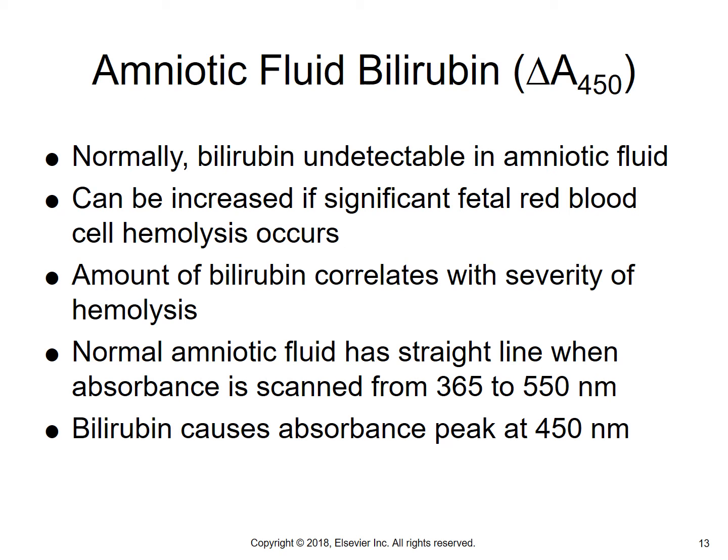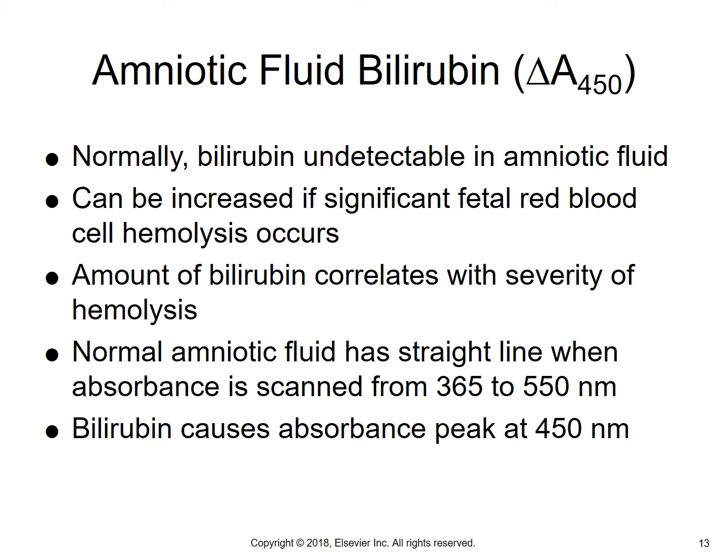So the production of unconjugated bilirubin increases significantly. As a result, this increased amount of bilirubin enters the amniotic fluid, and it can be detected using a spectrophotometer. Hemolytic disease of the newborn occurs when maternal antibodies cross the placenta into the fetal circulation and destroy a large number of fetal red blood cells.